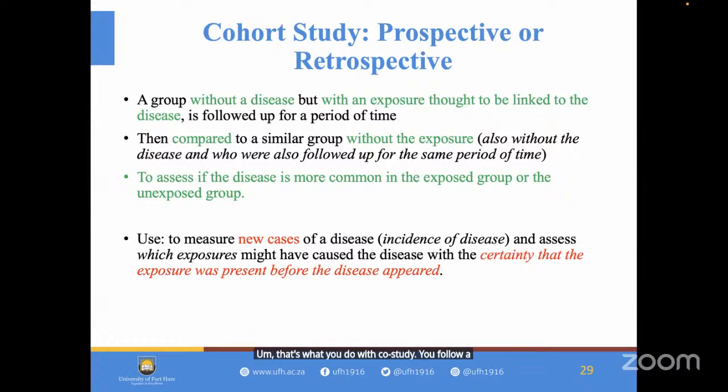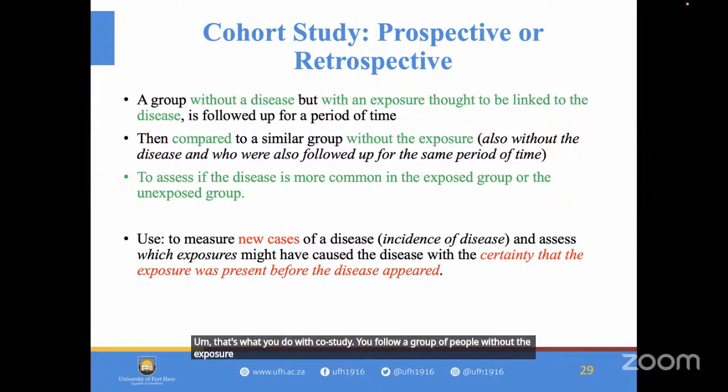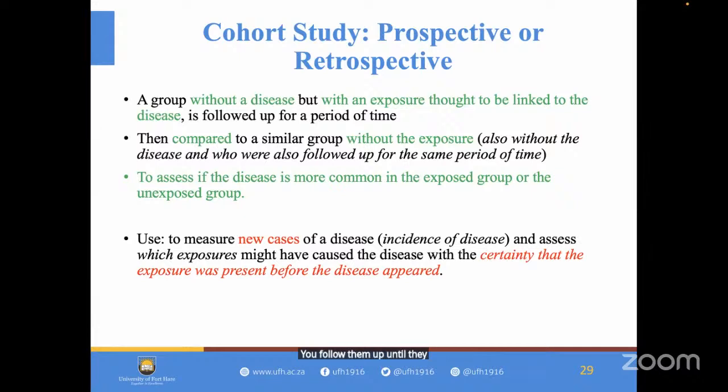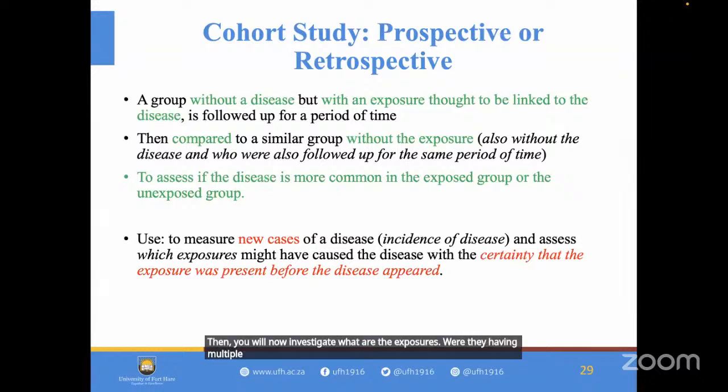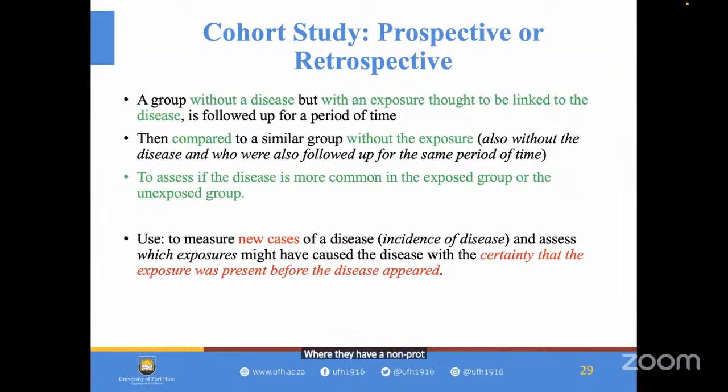You follow a group of people without the exposure or the disease or the events at the beginning. You follow them up until they experience the event, which is now pregnancy. Then you will investigate what the exposures were. Were they having multiple sexual partners? Were they having unprotected sex? Were they having transactional sex? Those are the kind of exposures that you will find along the line.